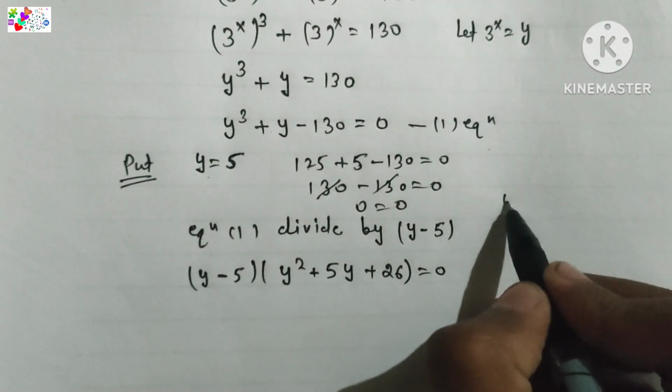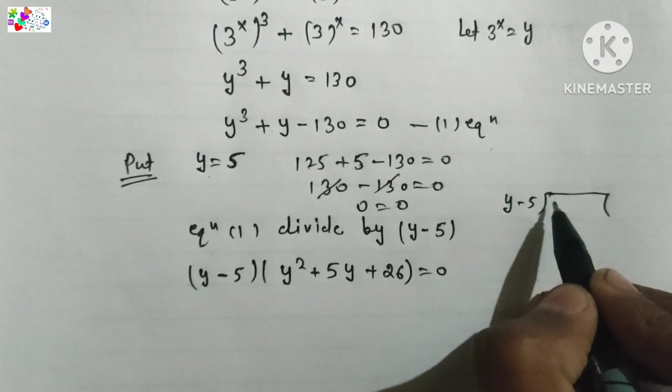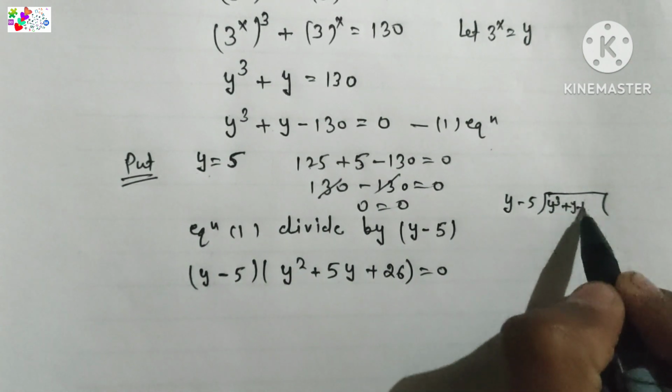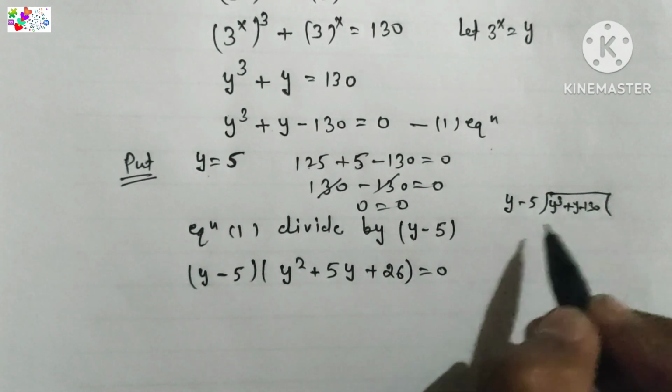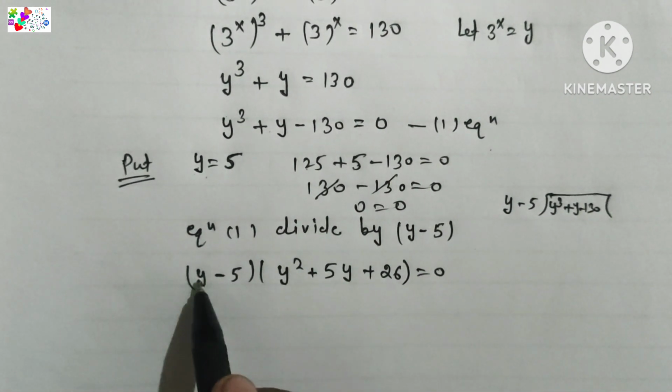When I divide y cube plus y minus 130 by y minus 5, we will get this type of equation.